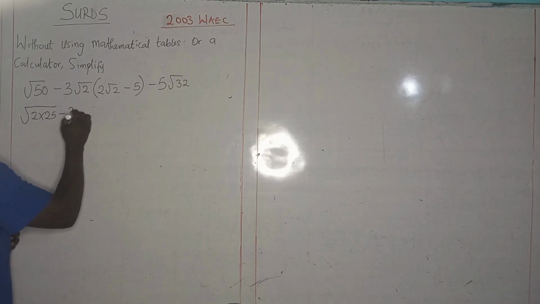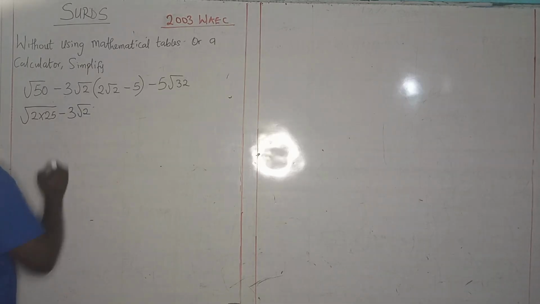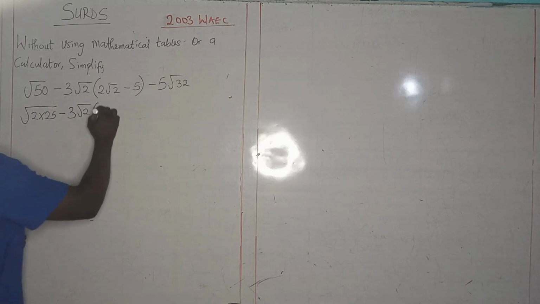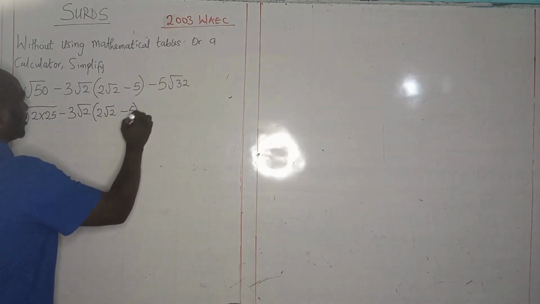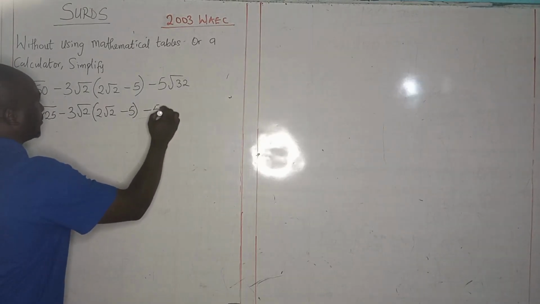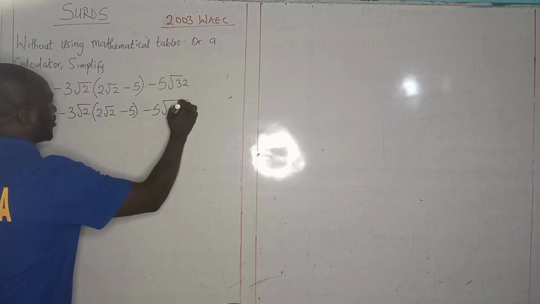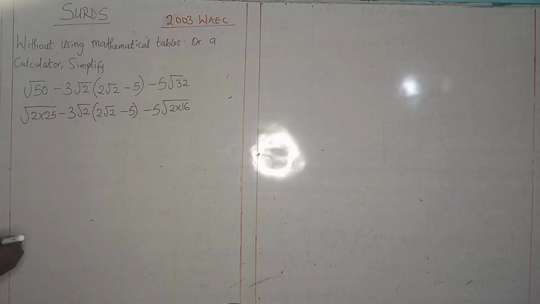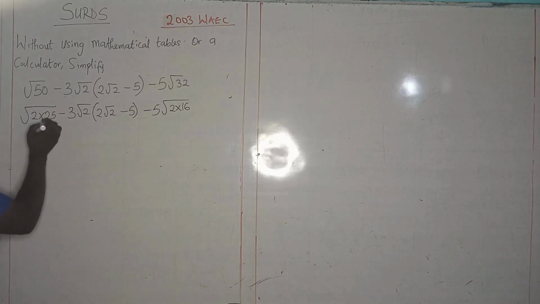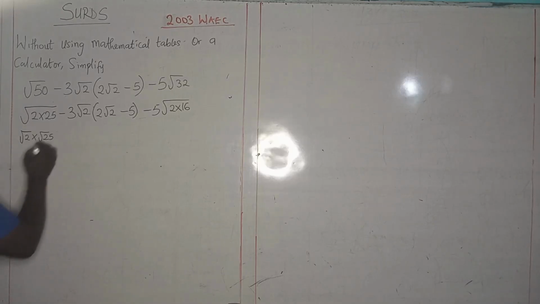Then we have 3 root 2 into 2 root 2 minus 5 root 2 times 16. Now, what's next? The next is we start finding the root. This is the same as saying root 2 times root 25.